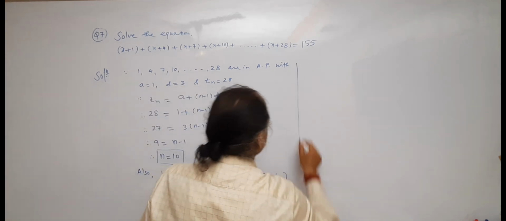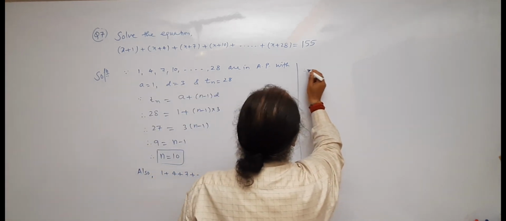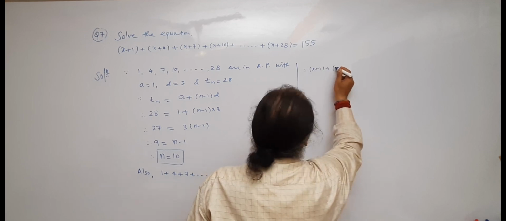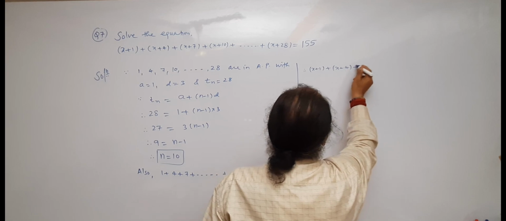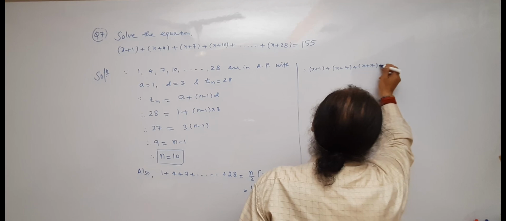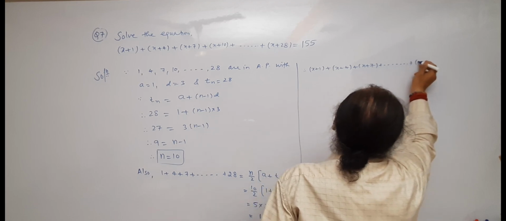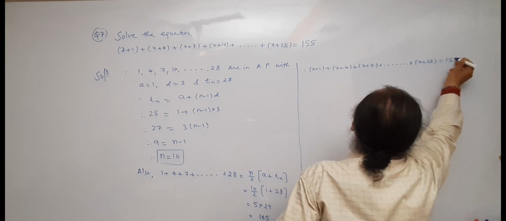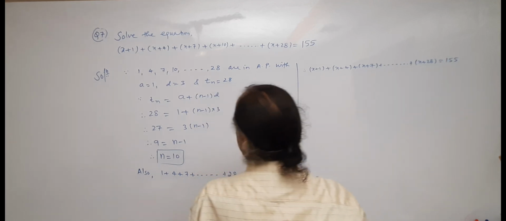Therefore, x plus 1 plus x plus 4 plus x plus 7 plus so on plus x plus 28 is 155. Now how many x's are there?